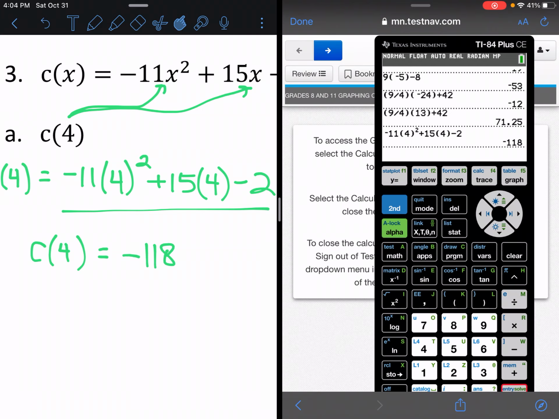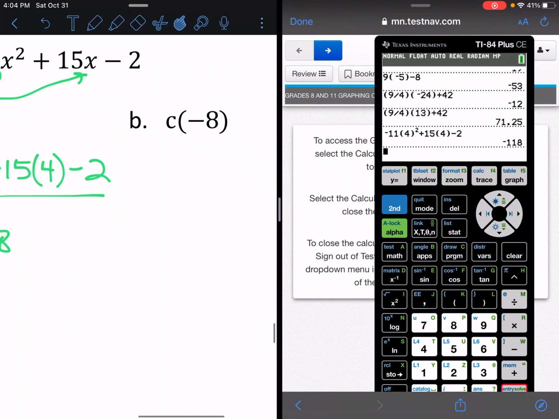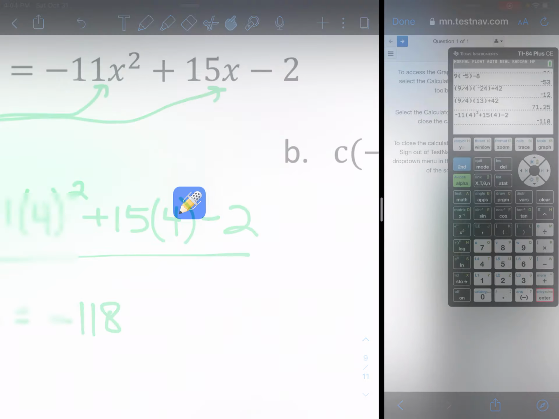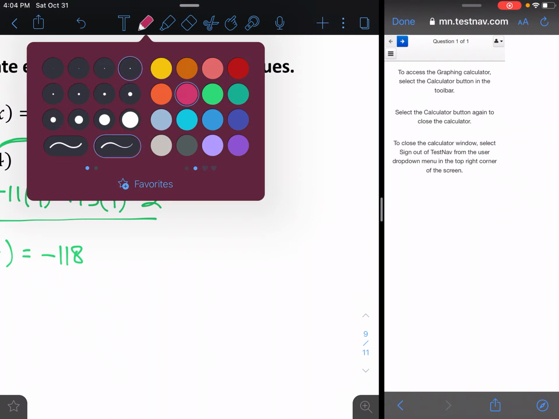Okay, so now, same thing here. All right, let's make this a little bigger. So now c of negative 8. I think I'll change colors here.